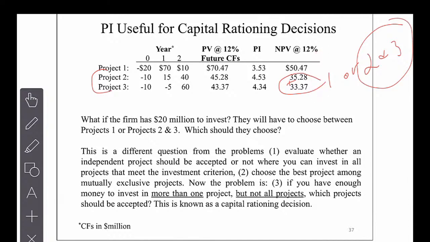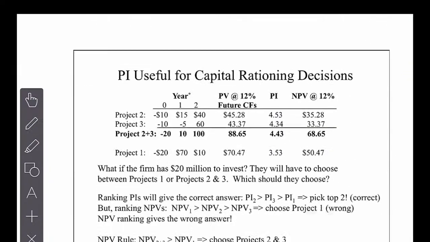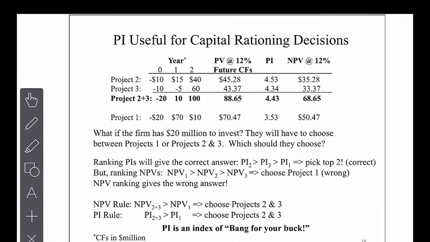However, that is how you use PI. If you rank them in order, so here I have all the calculations. You would compare by combining 2 and 3, you would combine their cash flows and you would get these results instead.